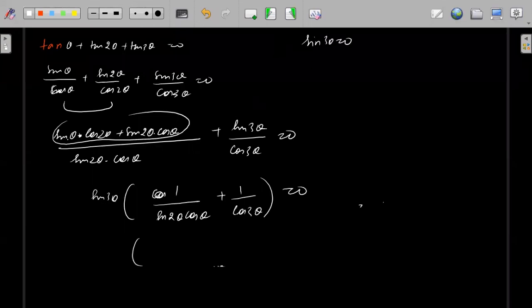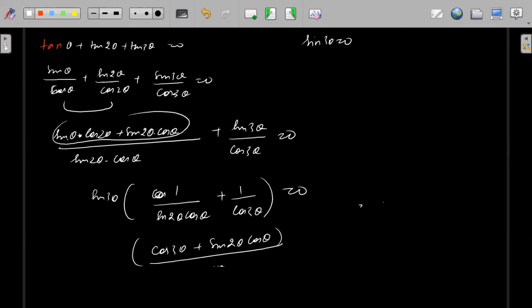The second solution can be cos 3 theta plus cos 2 theta cos theta, divided by cos 2 theta cos 3 theta cos theta. Sorry, this is cos of 2 theta plus cos theta, this is cos.